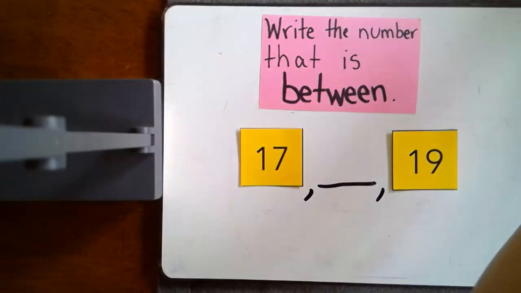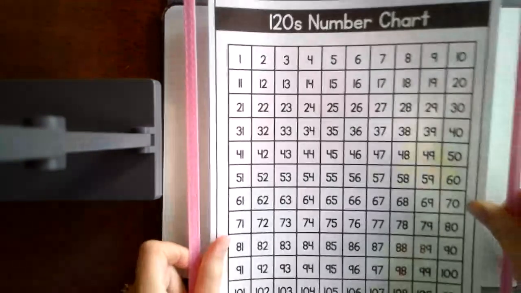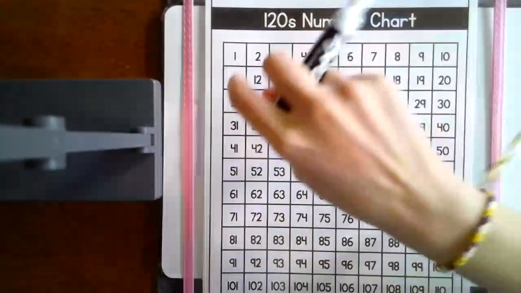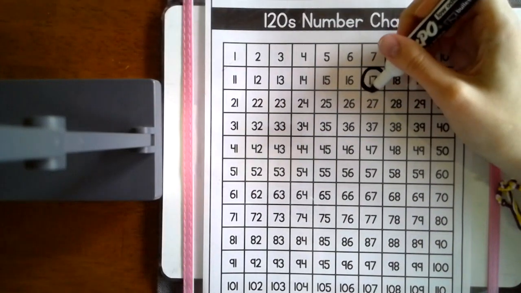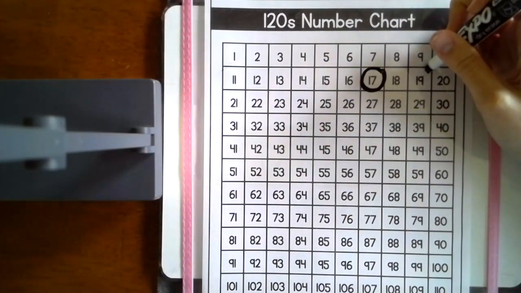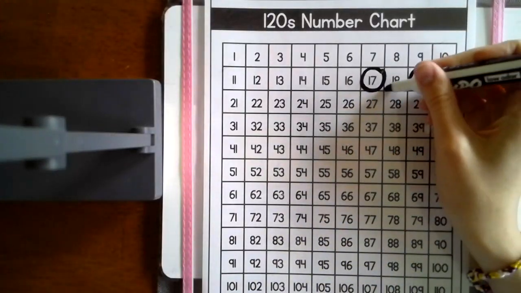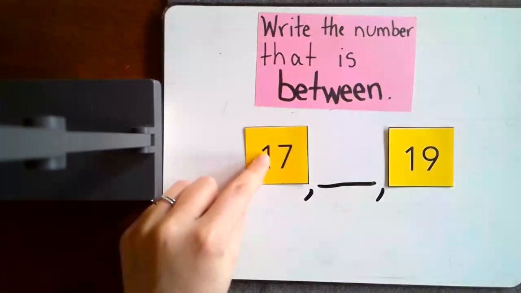I'm going to pull out my numbers chart. I'm going to find 17. So 17 is in this row here. It's a teen row. So here's 17 and 19. And I'm going to look for the number that's in between them. That number that's in between them is 18.